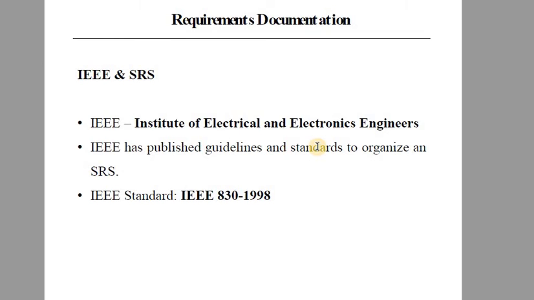The advantage is very simple: to make uniformity among the developers or among the software companies. The only agenda behind this is making the uniformity among the software companies. Otherwise, one software company uses one format, another company uses another format.